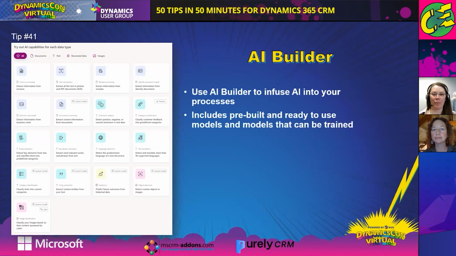Also, check out AI Builder. This is such an interesting part of the Power Platform that allows you to build artificial intelligence models through low code, right? And so a great one to try out when you're just learning is the document processing, right? So I can load a form and set up a model that can read the data from that form and drop it into Dynamics.